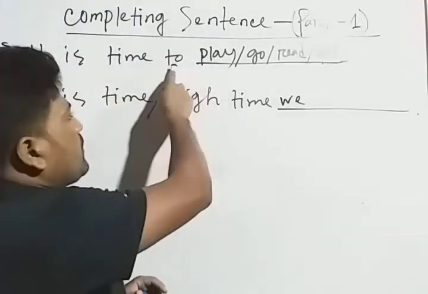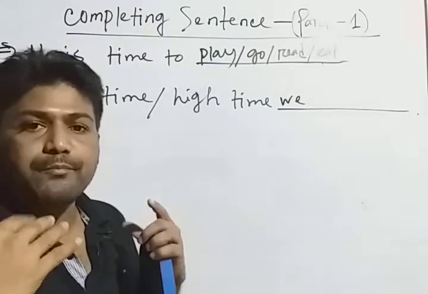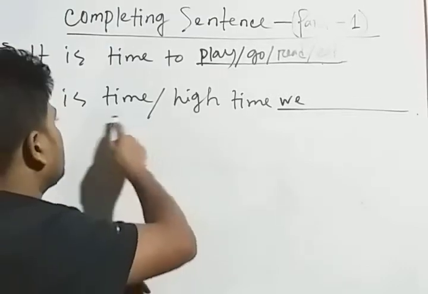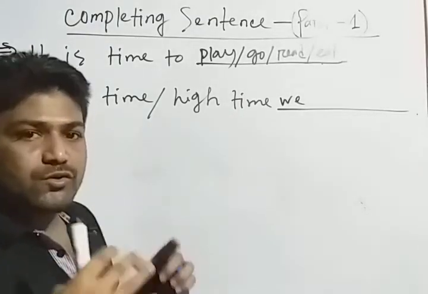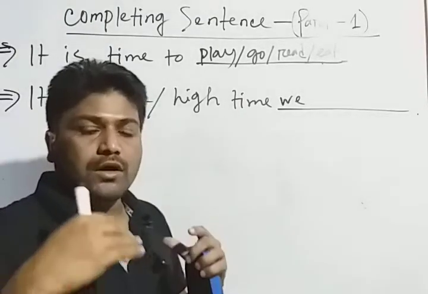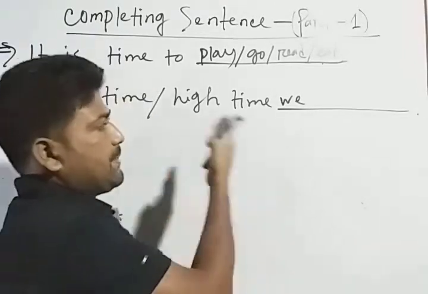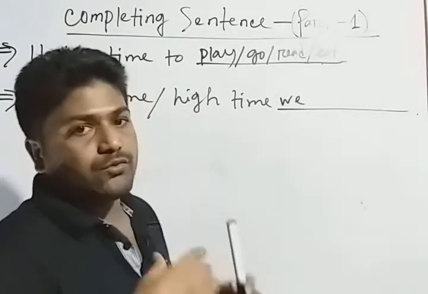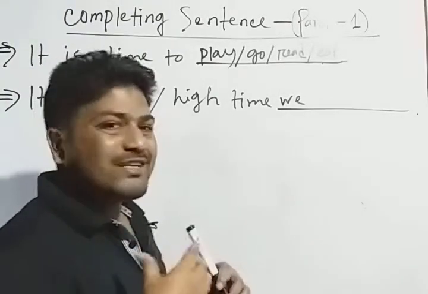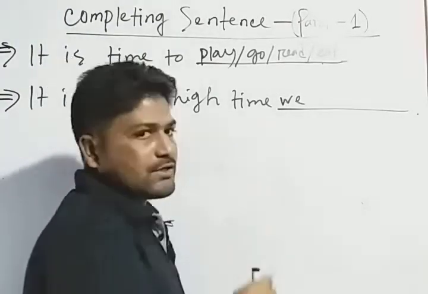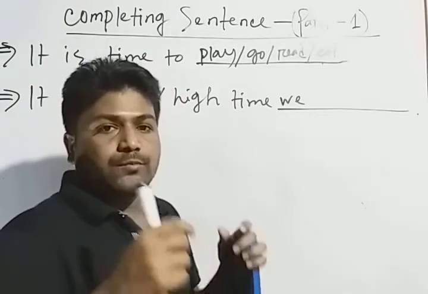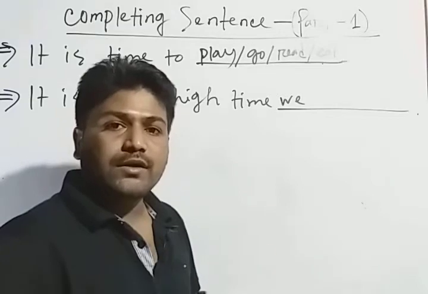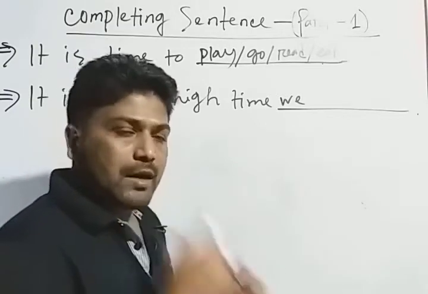In the above example, after to, the verb always will be present form, but in this example there is no to. So we can use a personal subject to complete this kind of incomplete sentence. After using a personal subject, we can use any kind of finite verb, but the rule is that the verb always will be past form or verb number 2.